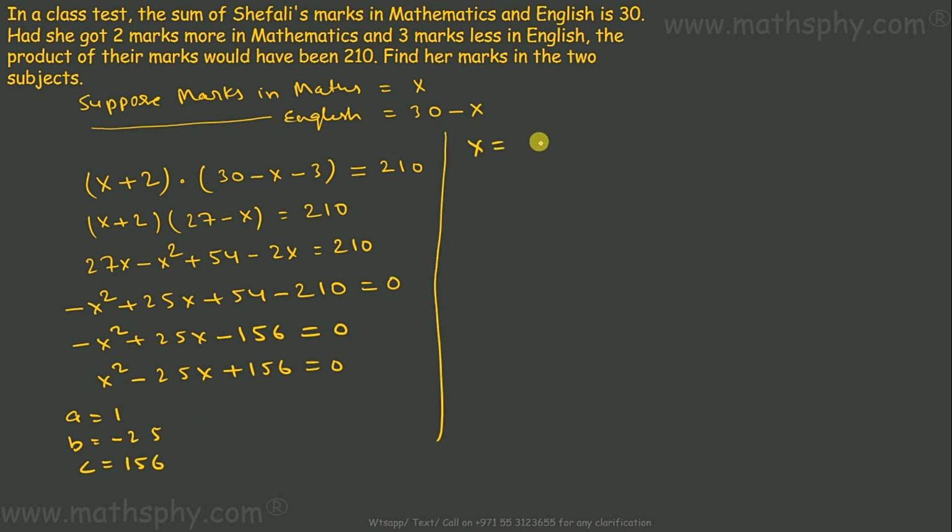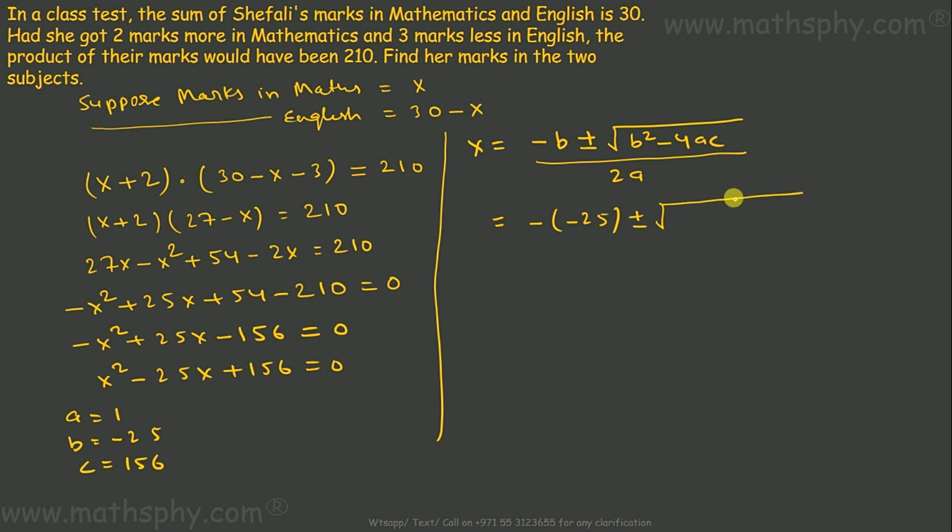So x would be −b ± √(b² − 4ac) over 2a. Minus b is 25, plus minus root b squared means (−25)² minus 4ac. 4 into 1 into 156, over 2a, 2 into a means 2.